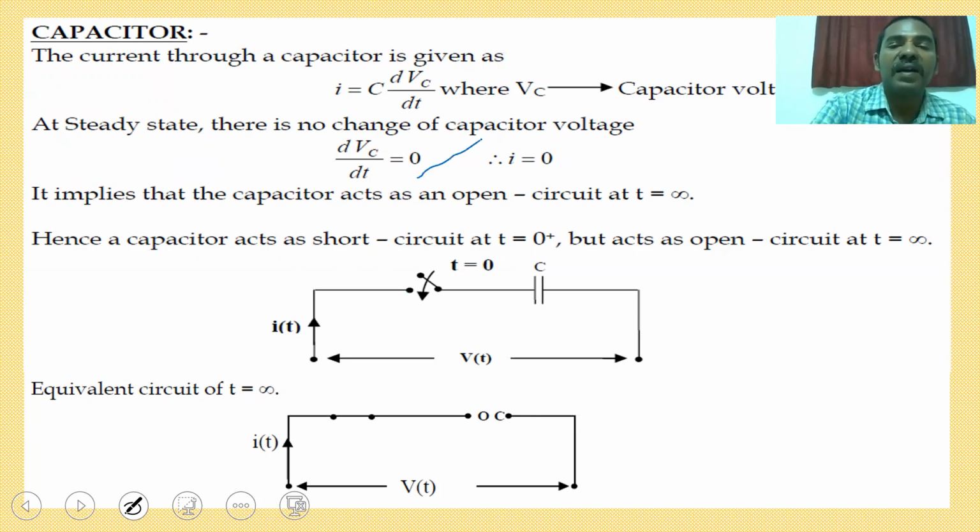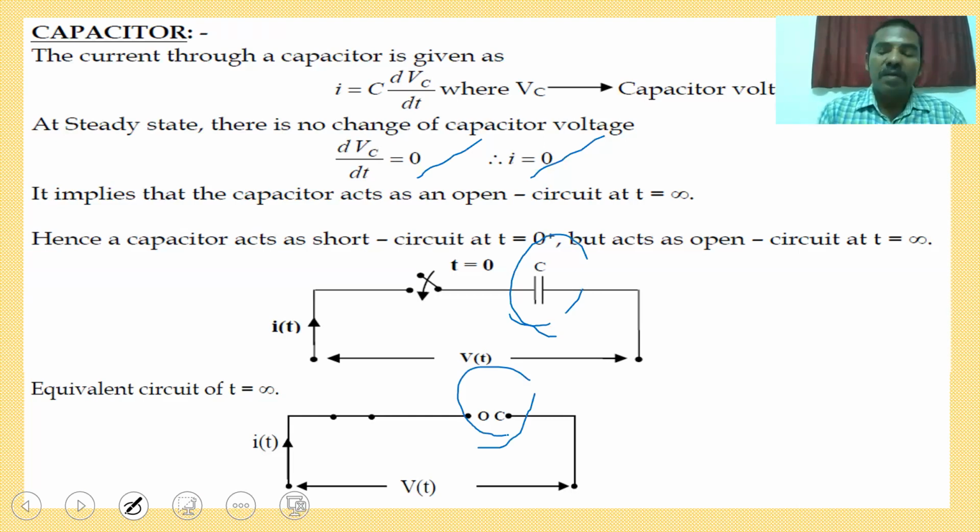So that means the current is 0. Current is equal to C times 0, so that is 0 only. Current is 0 means the capacitor will act like an open circuit. So at t is equal to infinity, this capacitor will act like an open circuit. Are you understanding, students? So these are the initial and final values of the passive elements.